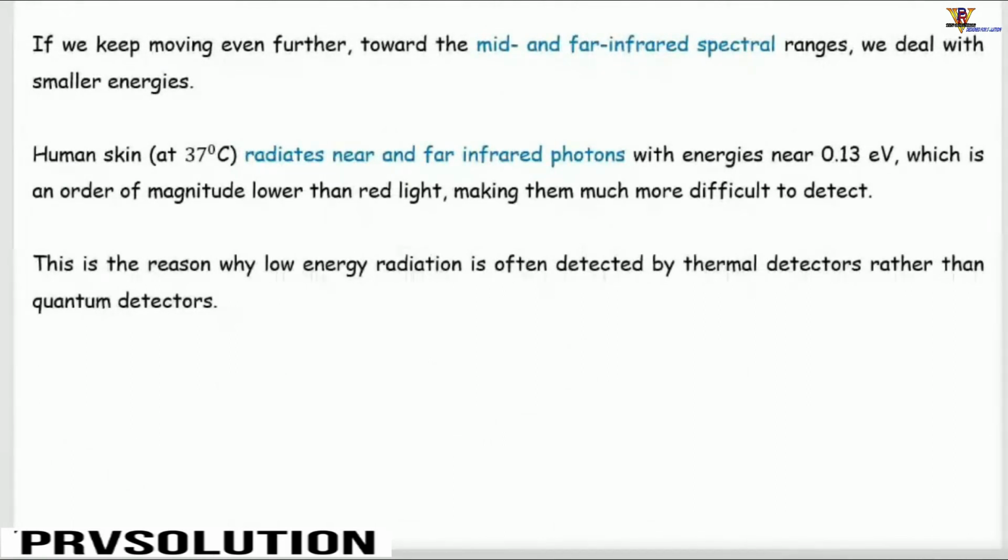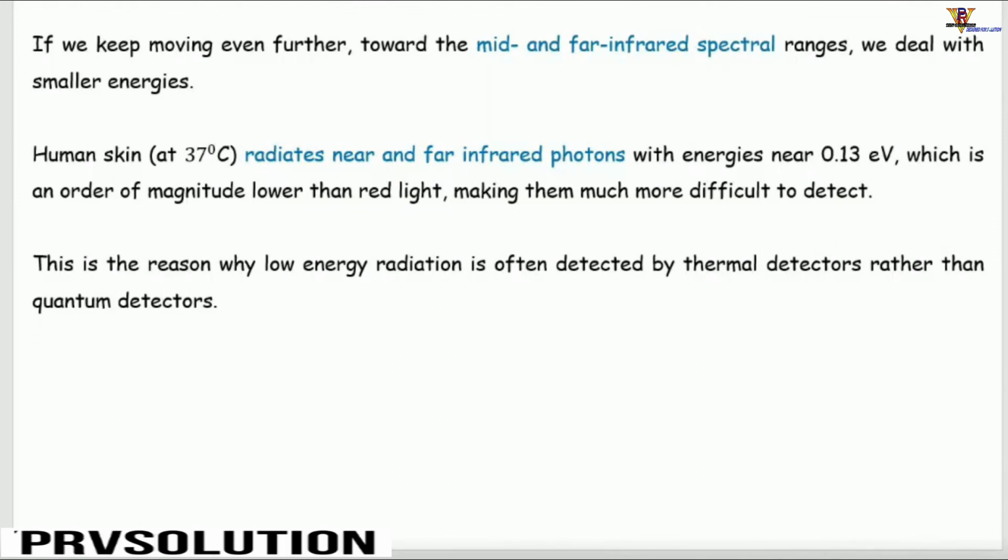So if we keep moving even further towards the mid and far infrared spectral ranges, we deal with smaller energies, because lower frequency, smaller energies. Okay. If we consider human skin at 37 degree Celsius temperature, it radiates near infrared photons with energies near 0.13 electron volts, which is an order of magnitude lower than red light, making them much more difficult to detect.